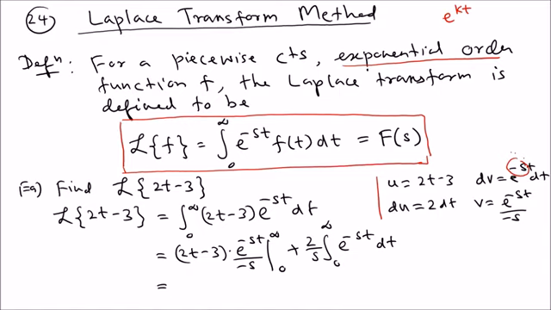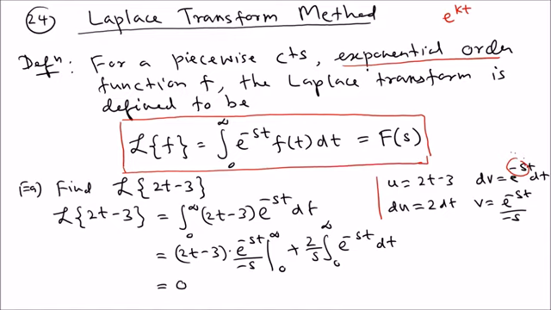In this case, the exponential part goes to 0, so the product goes to 0. So when you plug in infinity, you get 0.